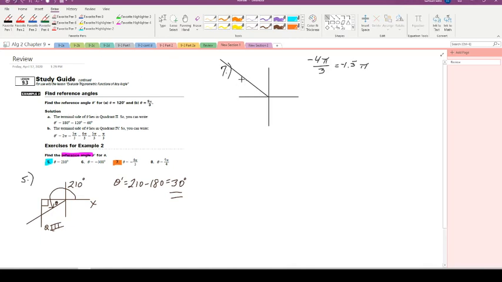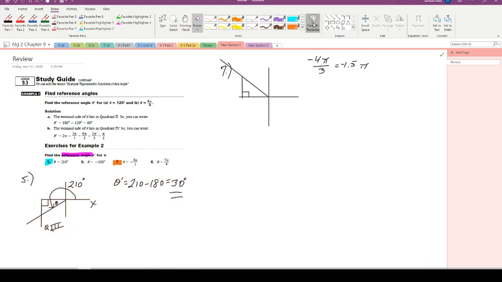Let me fix it so it's nice and straight. I'm going to try to make it straight. Beautiful. Now I'm going to make it a right angle, and maybe erase a little bit of it so that it looks better.